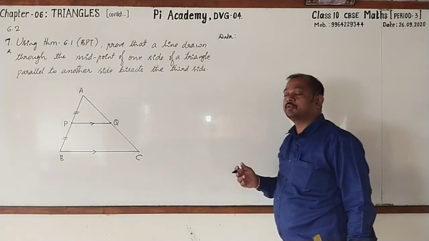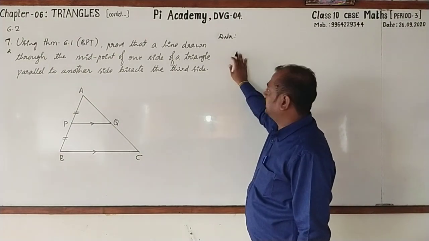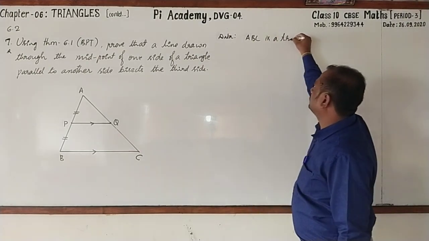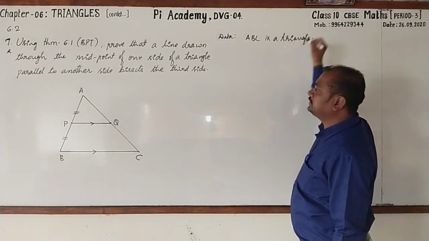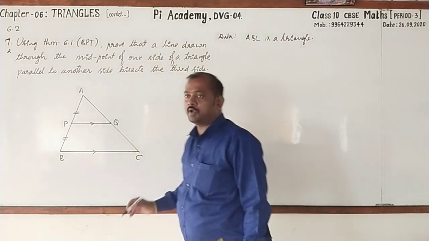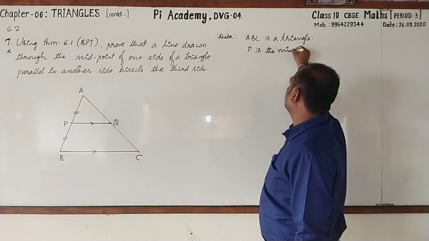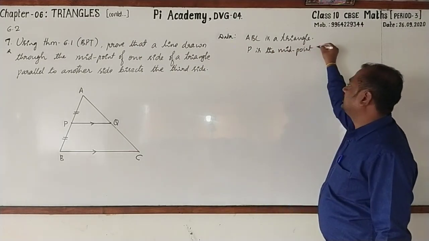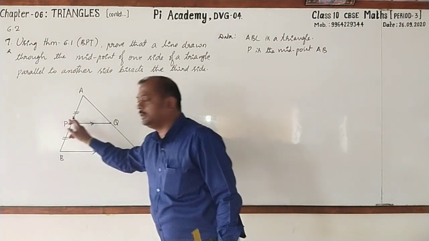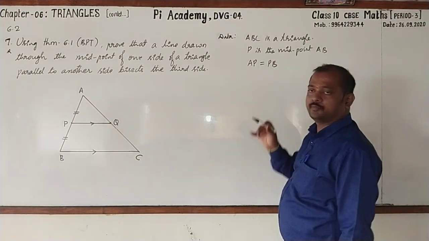Yes. They have given the triangle. Here I'll write ABC is a triangle. Then in this what has been given? They have given P is the midpoint, right? Midpoint of which side? Here we have taken AB. Therefore, we can write AP and BP are equal, AP equal to PB.